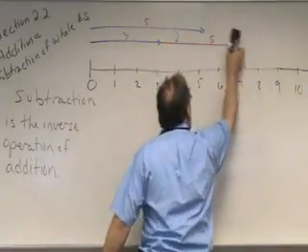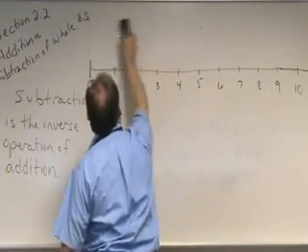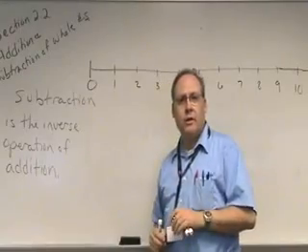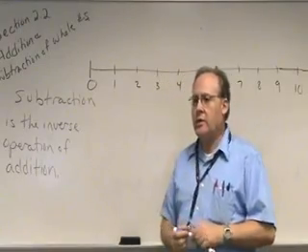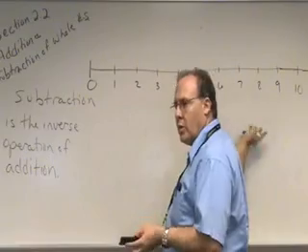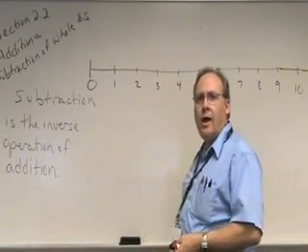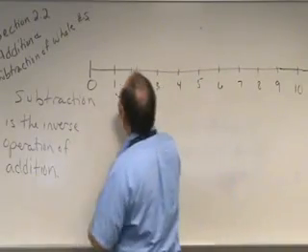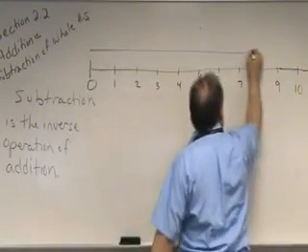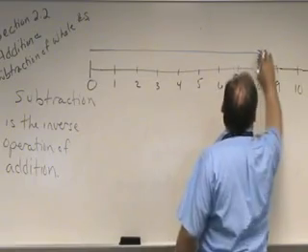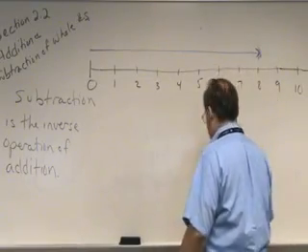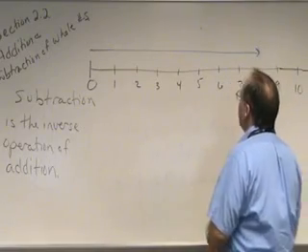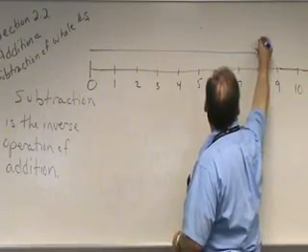Well then, if I want to talk about subtraction, subtraction is the inverse operation of addition. So instead of going to the right, I would go to the left. And so you can see here that on the number line idea, here's 8, okay? And I have arrived at, I have 8. And I'm going to take away 5.